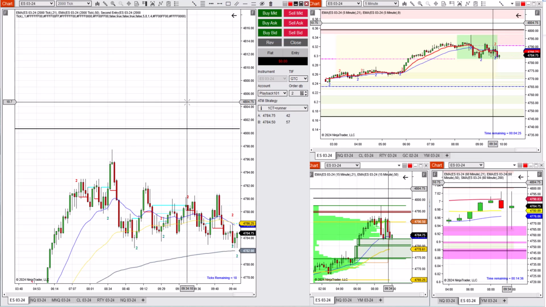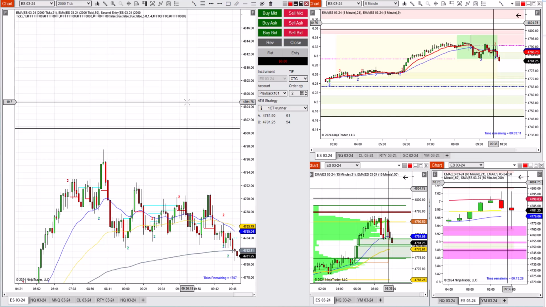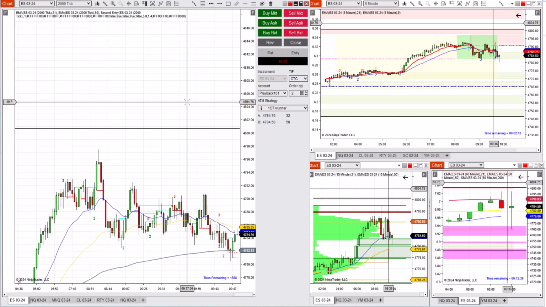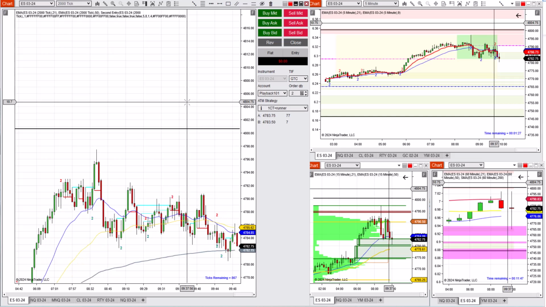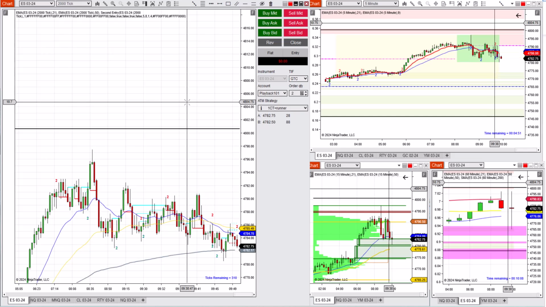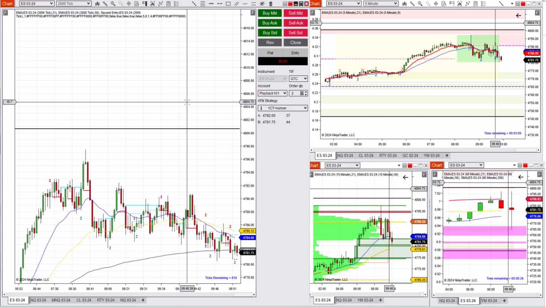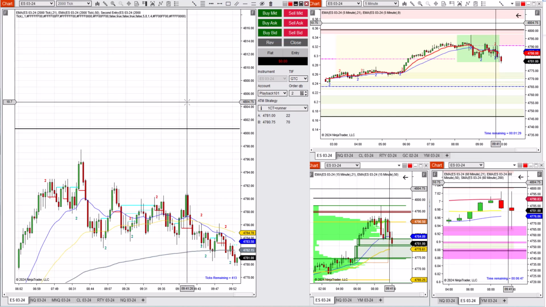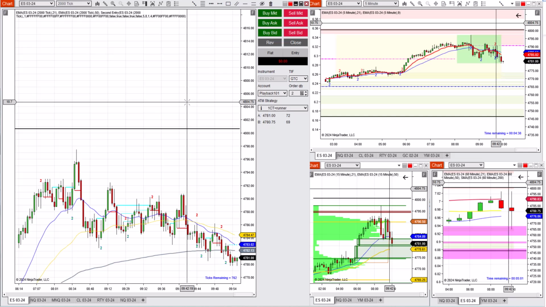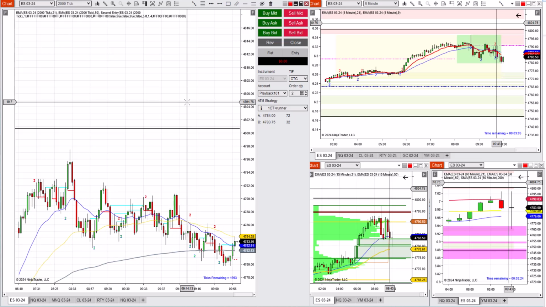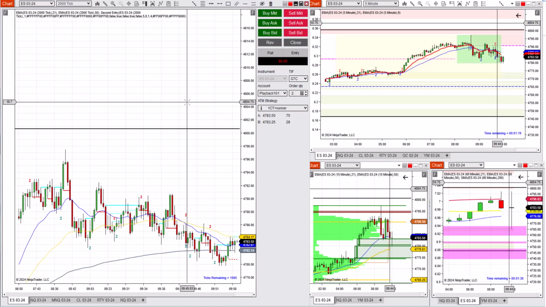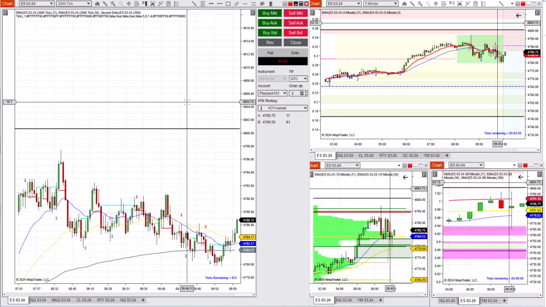If you're going to use this strategy, you need to be patient and wait for that specific trigger to happen before you take the trade. There will be plenty of action and plenty of trades throughout the day, but for today we're just going to focus on the previous day high and low breakout.